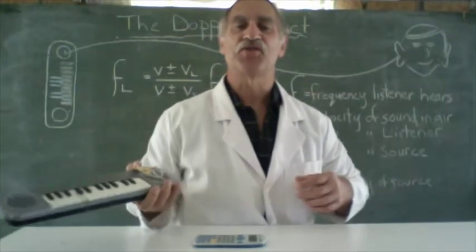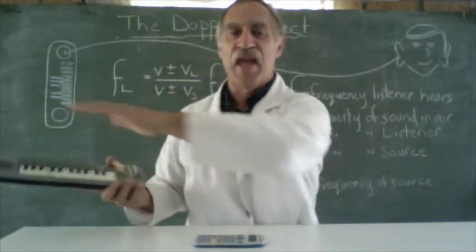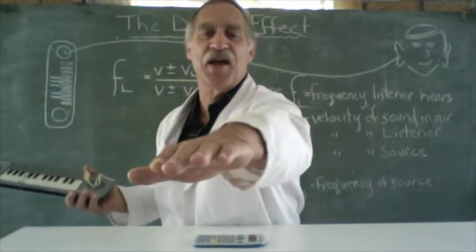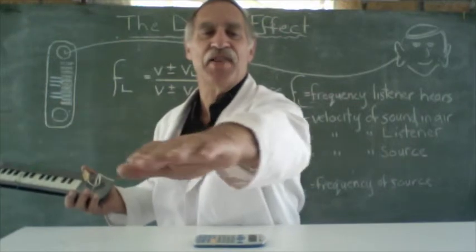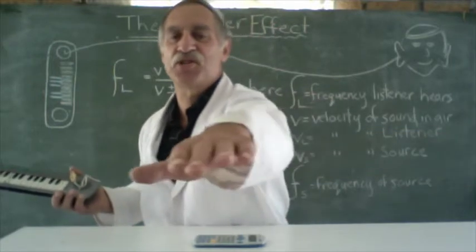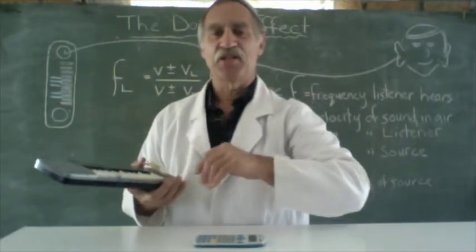Now what you're supposed to hear, as the organ approaches the microphone of the camera, the pitch gets higher, then as it comes past, it gets lower, then as it approaches again, it gets higher and gets lower. And that is, we are listening to the Doppler effect.